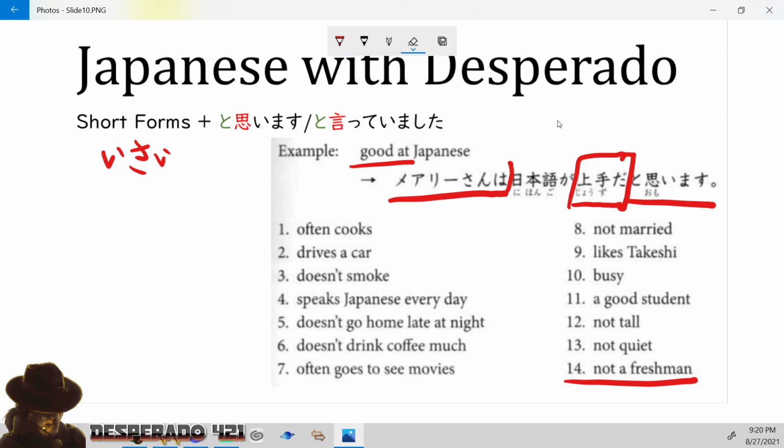Ichinensei, I guess. Okay. Not a freshman. I want to say Frenchman now. Yes. Okay. Well, you can. I'm pretty sure that Mary is not a Frenchman as well.